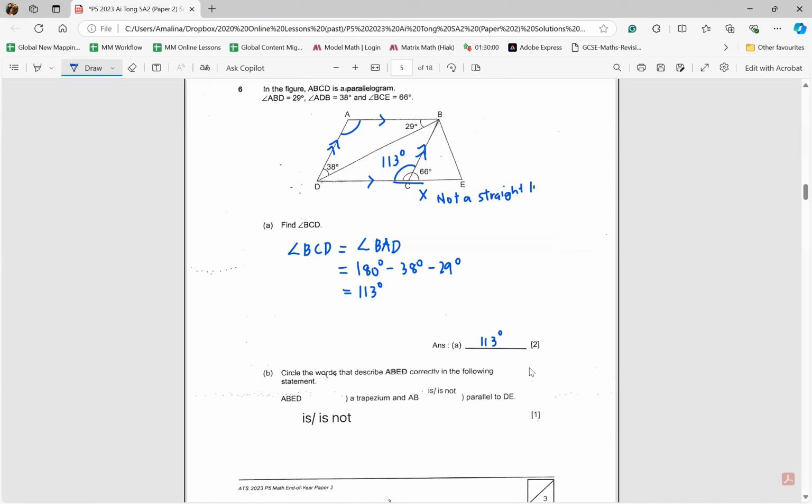So if it's not a straight line, it means that this line DE is not parallel to your line AB, which means that your ABED is not a trapezium and AB is not parallel to your DE. So you must be very careful. Okay?